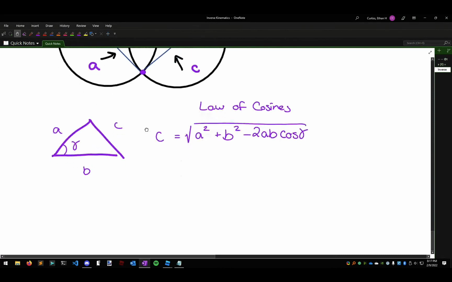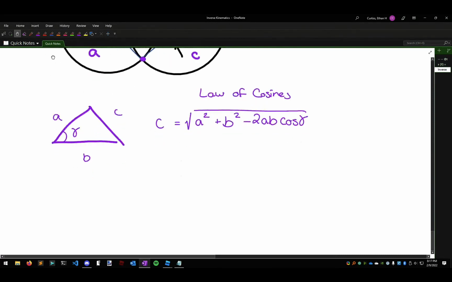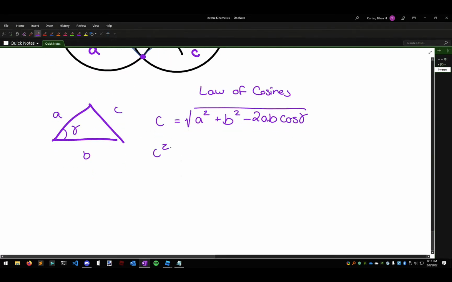So let's manipulate this formula a little bit. Let's square both sides. And let's see, we're trying to find gamma, so let's subtract a squared and b squared.